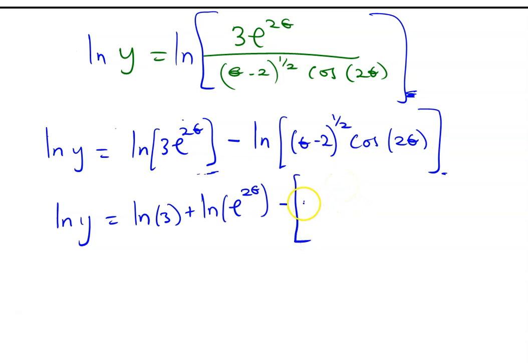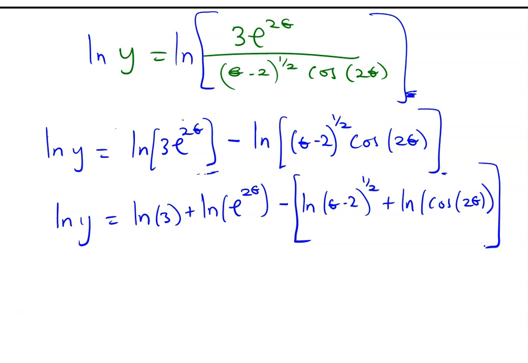We will minus into brackets length of (θ minus 2) to the half, plus length cos 2θ. Very good. So this is brackets. You should take note, this side is a bracket, a bracket of the length.